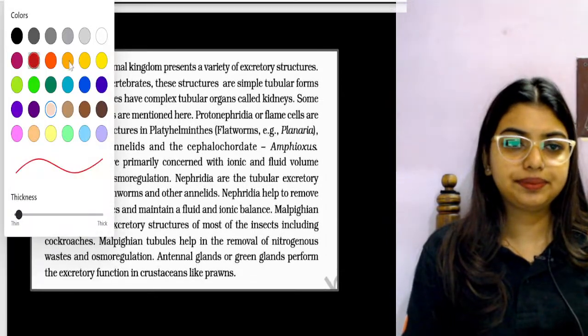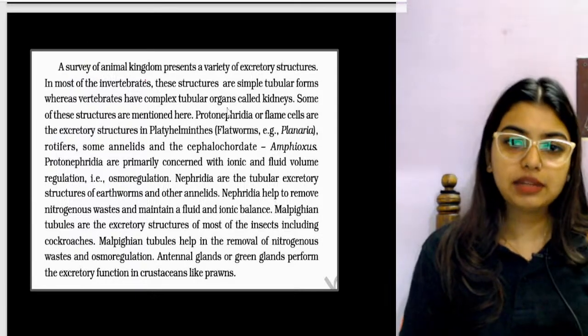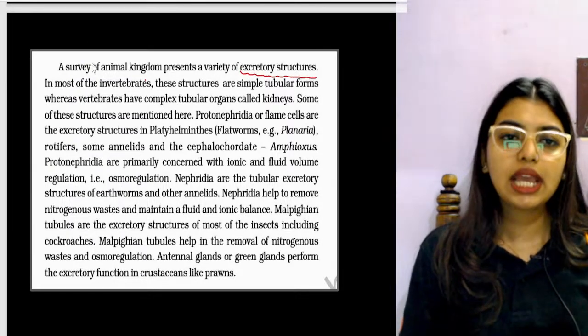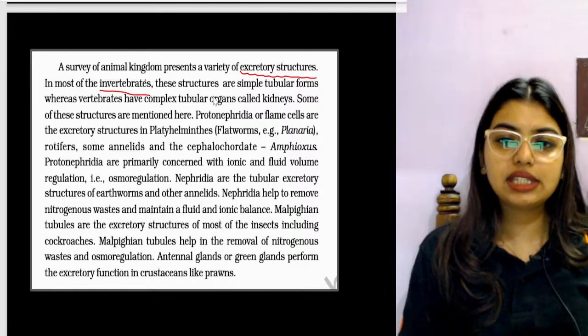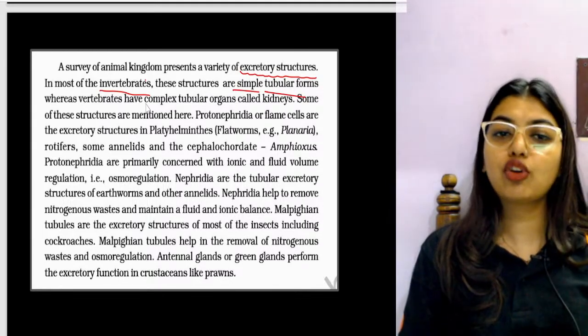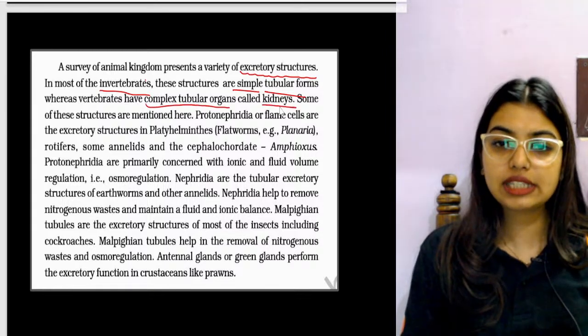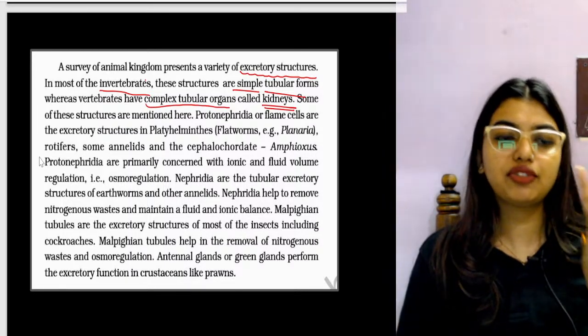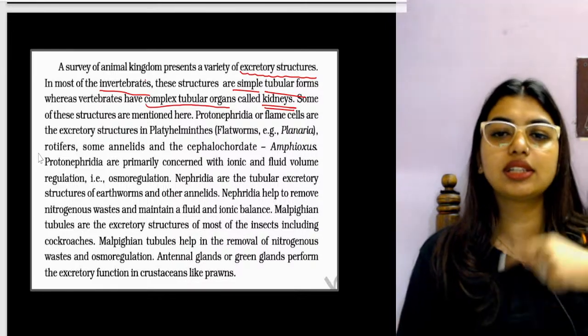Next one. A survey of the animal kingdom presents a variety of excretory structures. In most invertebrates these structures are simple tubular forms, whereas vertebrates have complex tubular organs called kidneys.